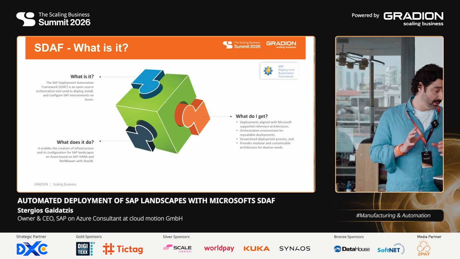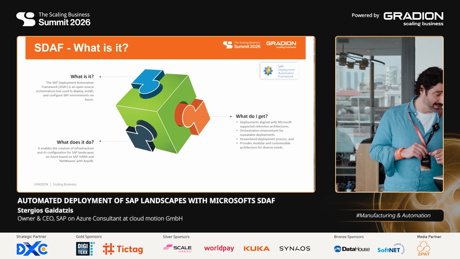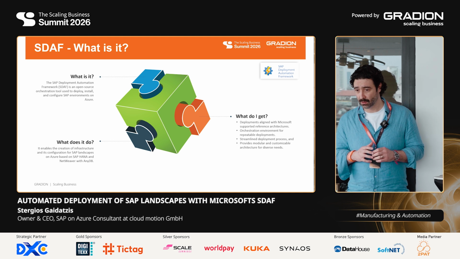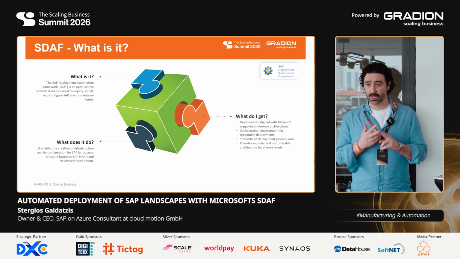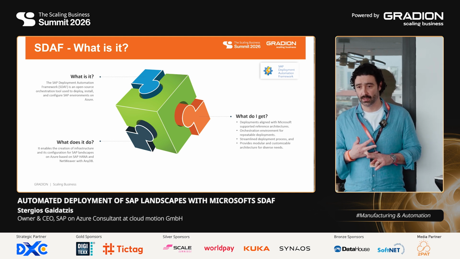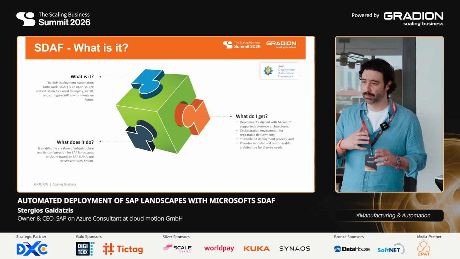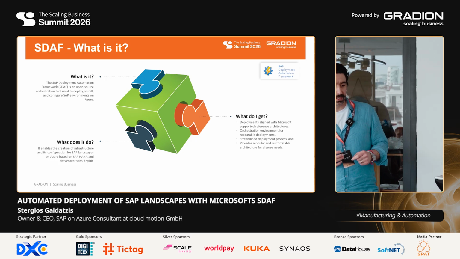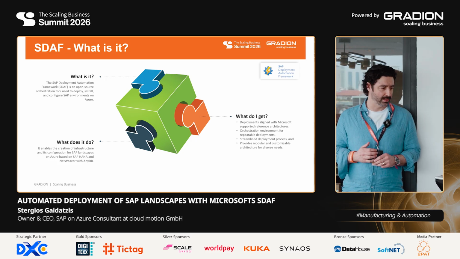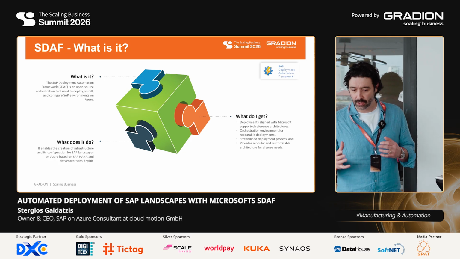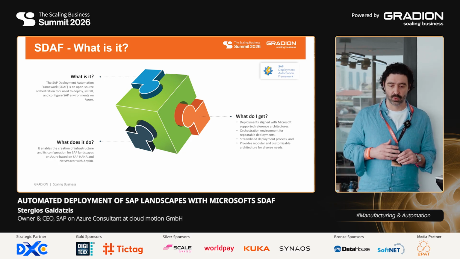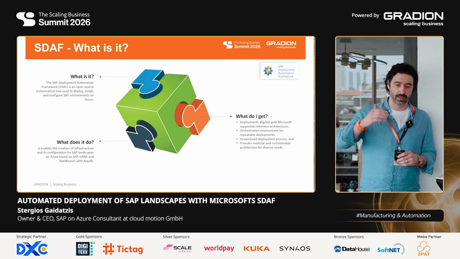It enables creation of infrastructure for sub-landscapes, and also configuration, using Terraform and Ansible scripts. Of course, there are also some PowerShell scripts and Jinja files and stuff like that, but this is only to leverage the SDAF.